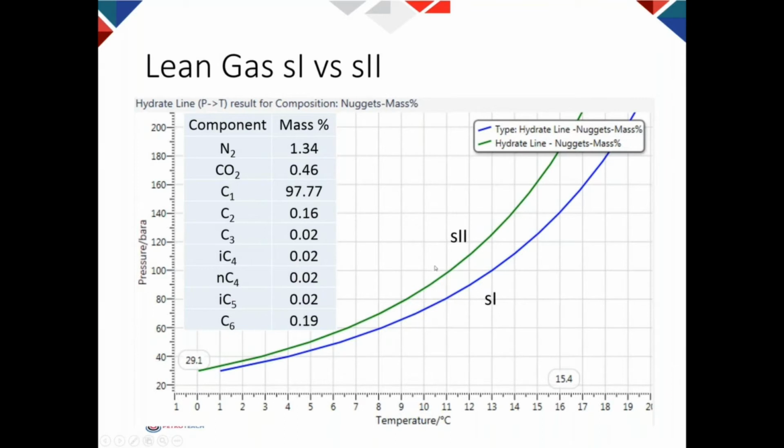You see that here, structure 2 is to the left of structure 1. So the hydrate phase boundary is determined by structure 1. So here is that 5% I told you, where the system is structure 1, and 95% of the systems we see around the world are structure 2.